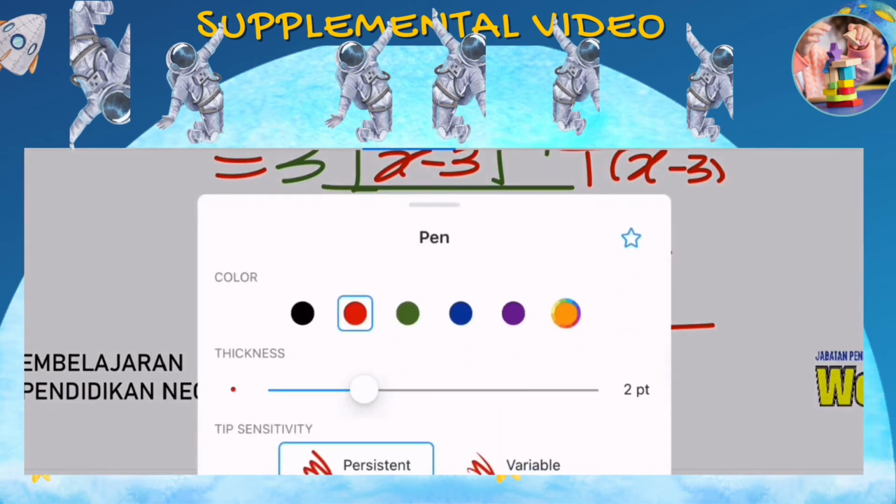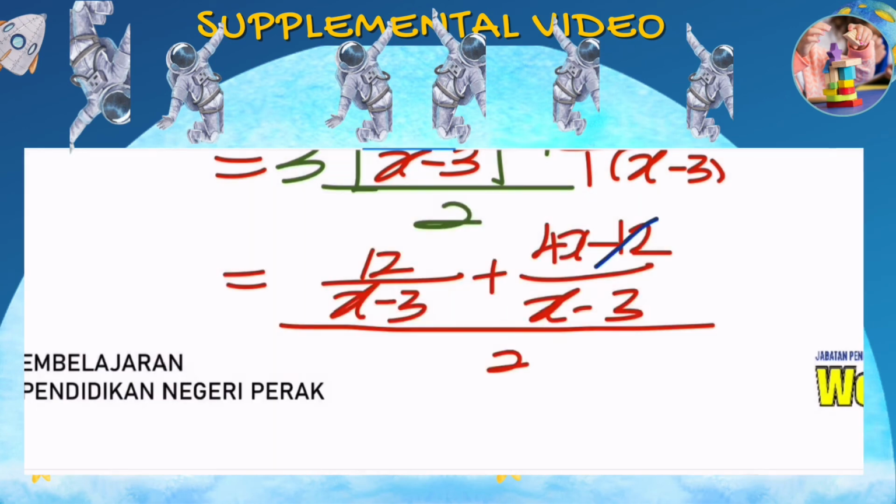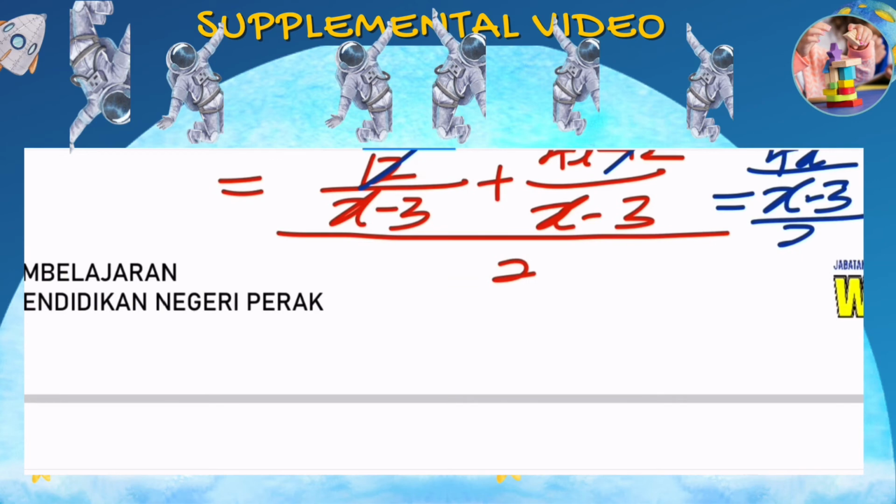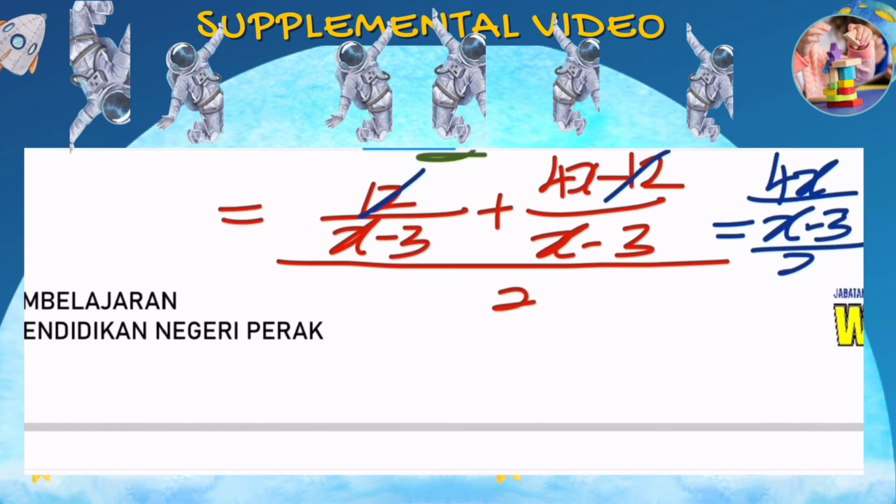So now we can join the fraction. The 12 minus 12 cancel out, so left 4x over x minus 3, all over 2. If it is over 2, it means that the 4x over x minus 3 is divided by 2, okay?